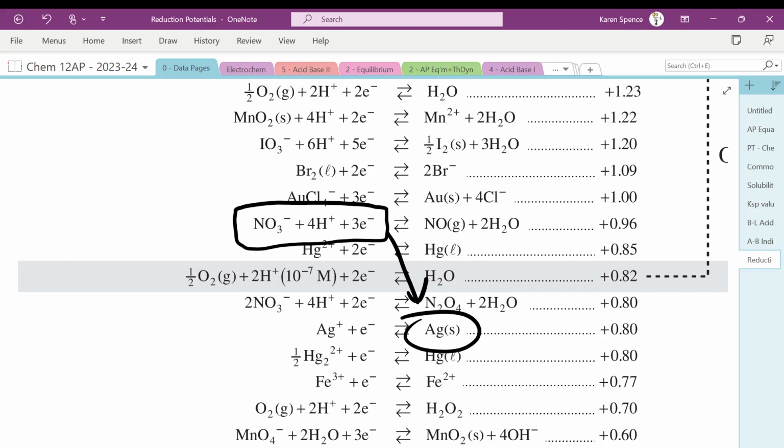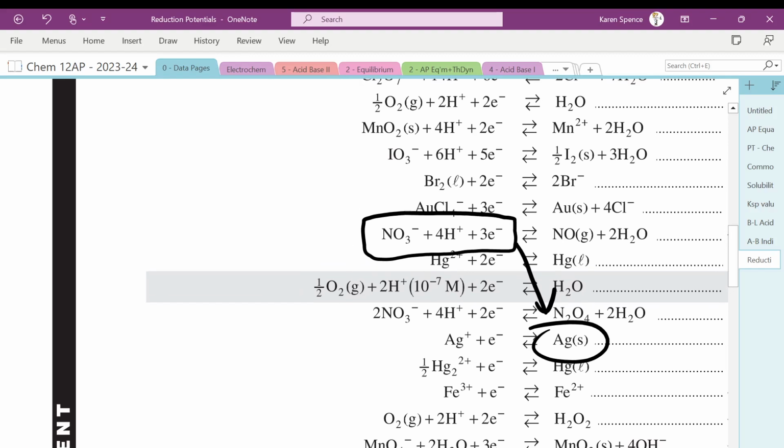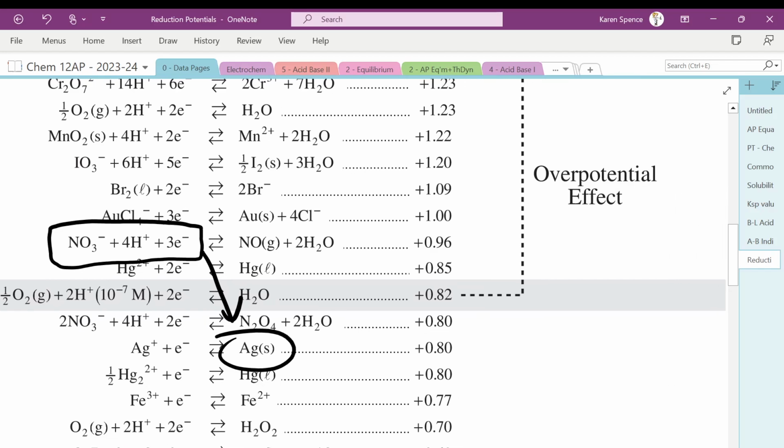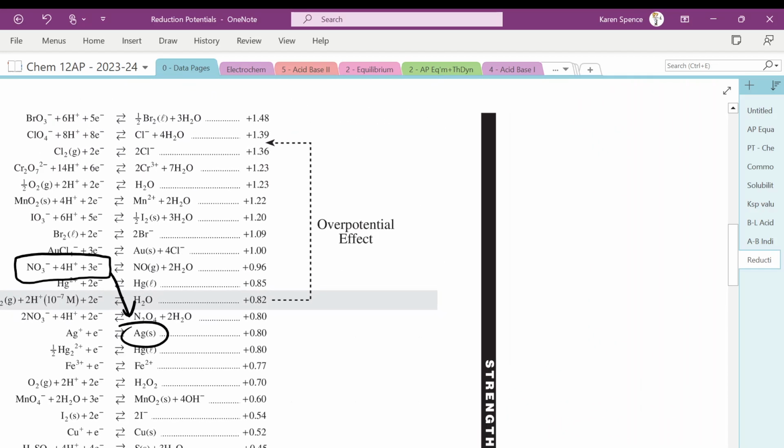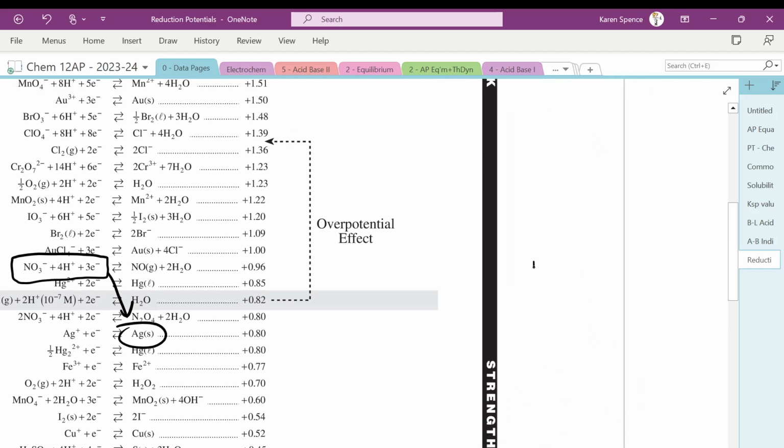So now what we're going to do is take those two reactants. Actually, maybe I'll do it over on the side so I have more room. NO3- plus 4H+ plus 3 electrons.